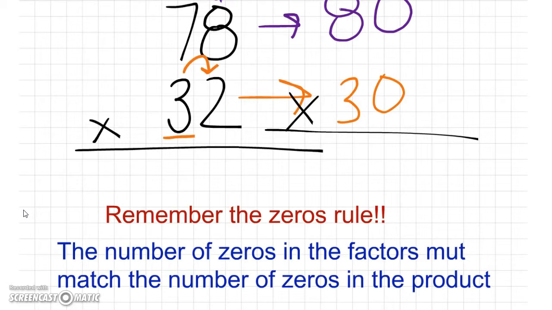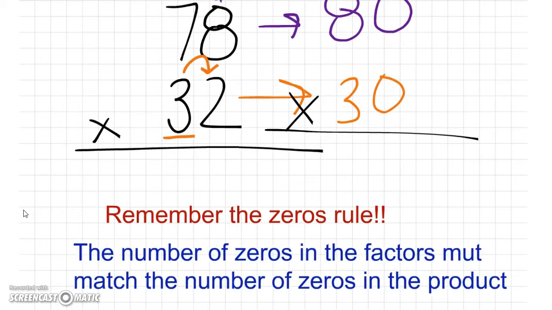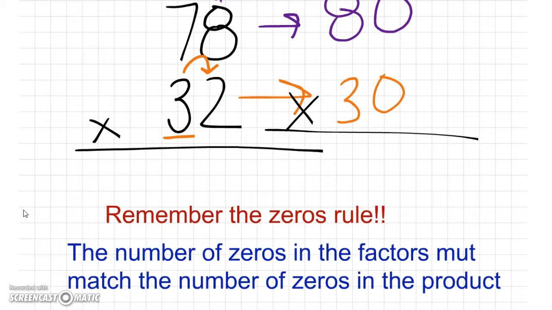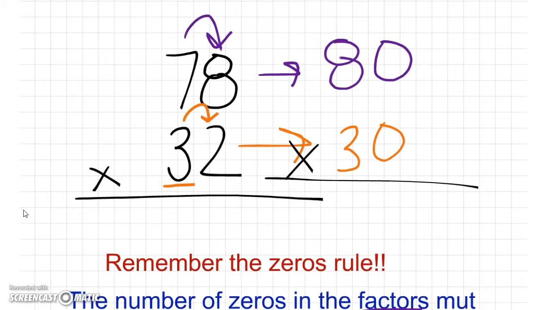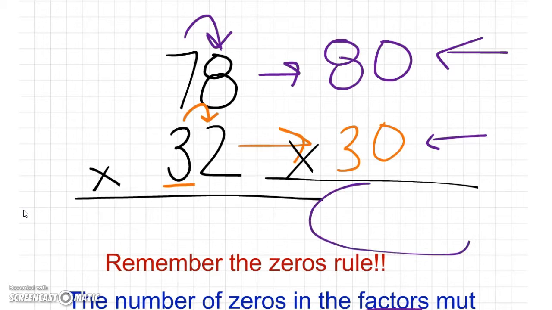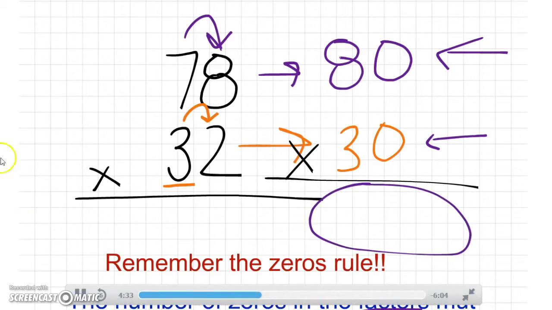The zeros rule tells us the number of zeros in the factors must match the number of zeros in the product. So let's remember that 80 is a factor, and 30 is a factor. So however many zeros are in our factors, that's how many zeros need to be in our product, which is the answer to a multiplication problem.